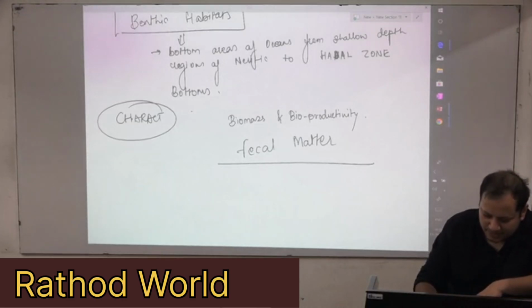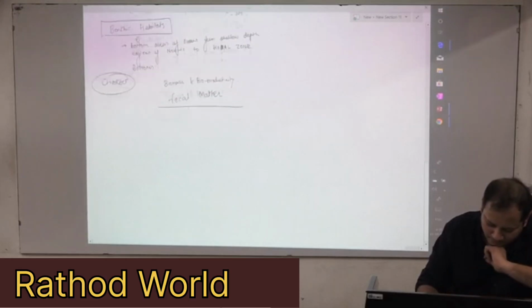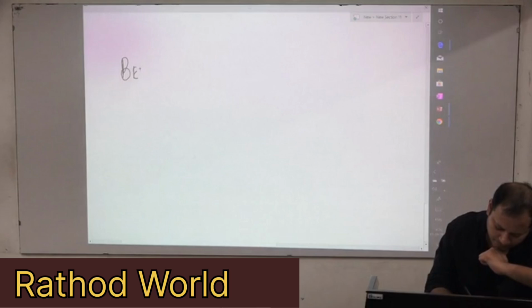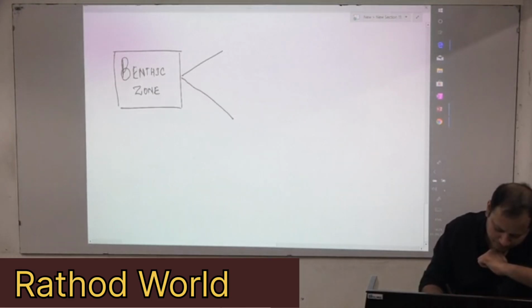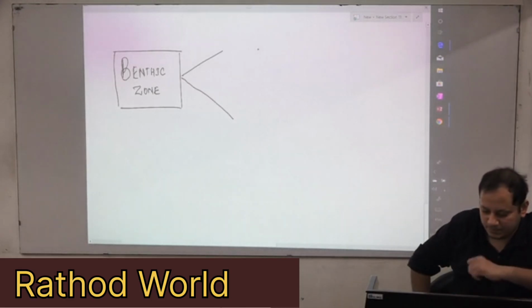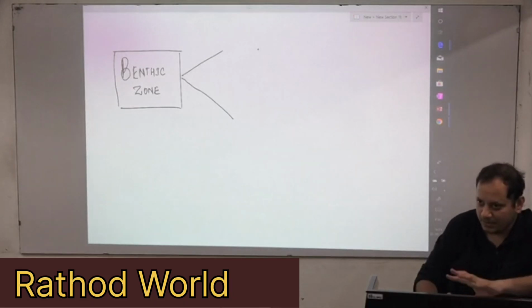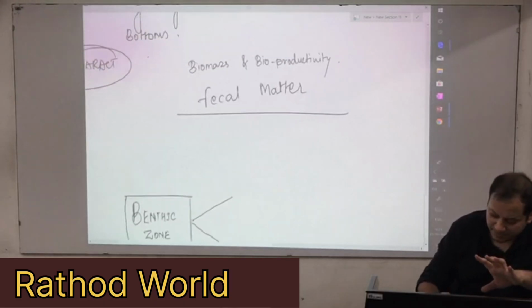And the last characteristic is, depending upon the location or habitat, write whatever you want, the benthic zone is divided into, now it's very easy if you understand, otherwise difficult.